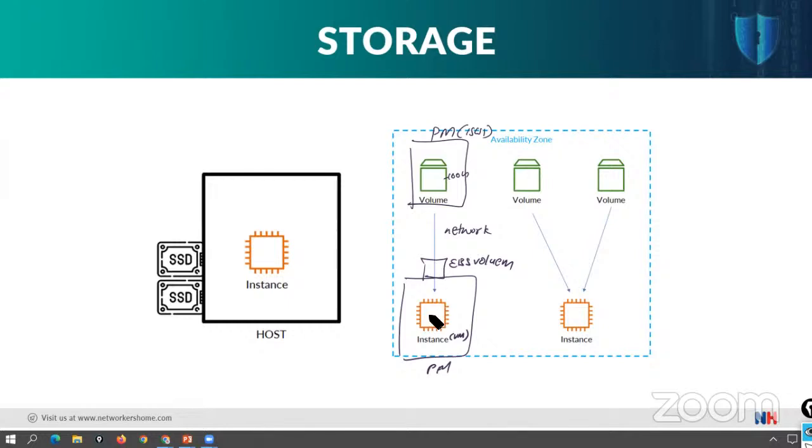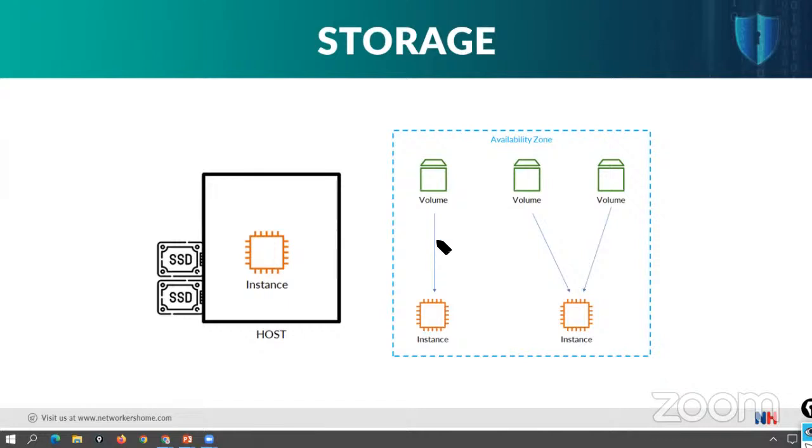So whenever your EC2 instance, like your OS or application, writes data to the EBS volume, it's written to that location. When you are reading, it reads from that location, based on whatever throughput is available, whatever EBS bandwidth we get. That determines how much data you can write and read in a given second.